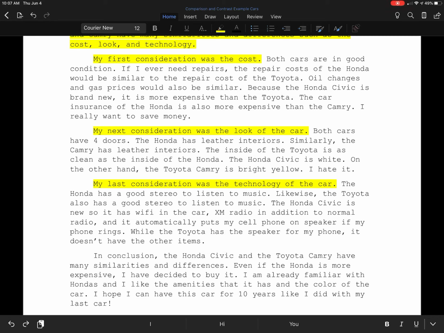The Honda has a good stereo, likewise the Toyota has a good stereo. Now there are more differences here, which is fine. The Honda Civic is new, so it has Wi-Fi, XM radio, and it automatically puts my cell phone on speaker if my phone rings. And then here's the difference. While the Toyota Camry has a speaker, it doesn't have the other items.